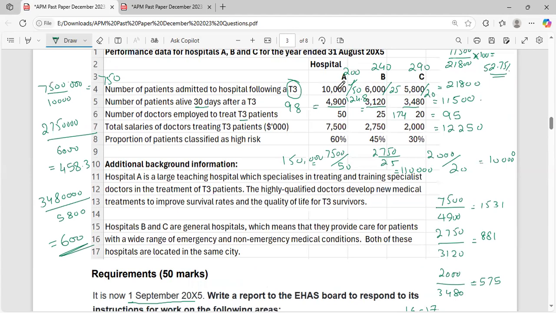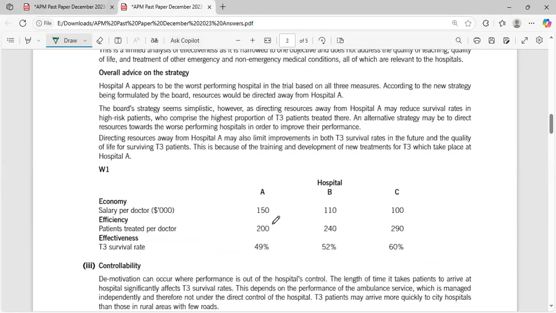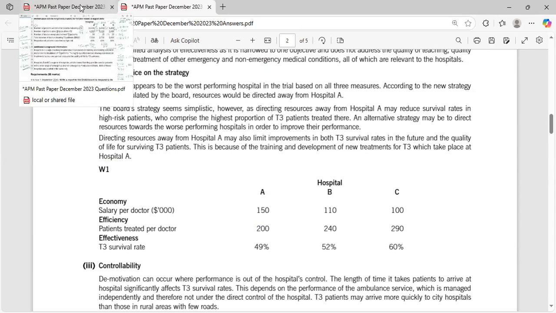But if we divide 10, yes, 200, 240, 290, we also determined those values. As I told you while reading the question, this data is provided to calculate these measures because it's a not-for-profit organization, so there are no specific ratios.